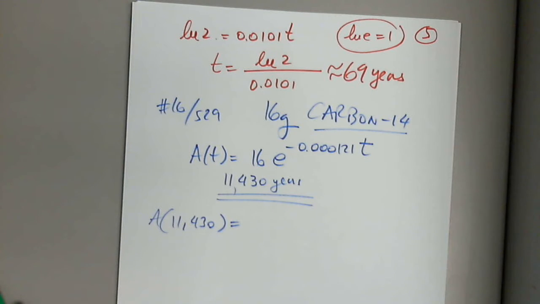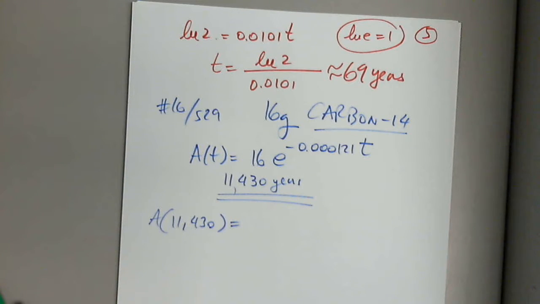Very good. So we have 16, second e, in parentheses, please, negative 0.000121 multiplied, you must put the multiplication symbol, 11,430, close the parenthesis and press enter.